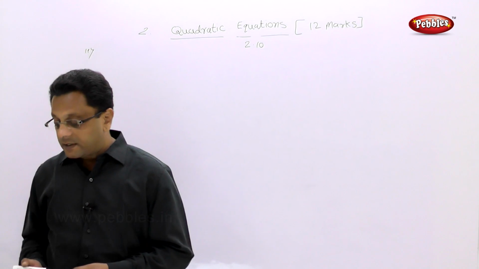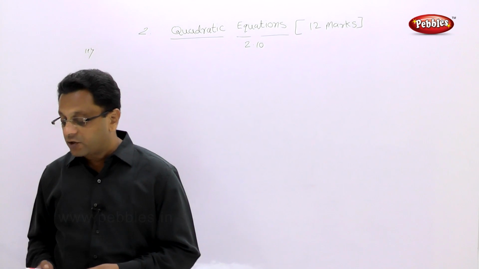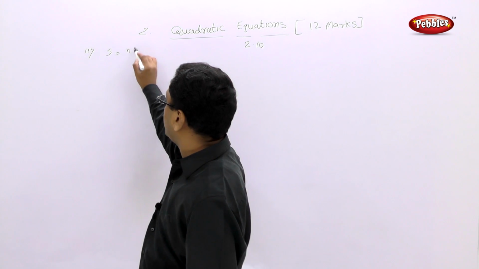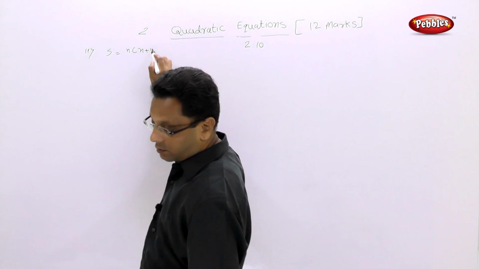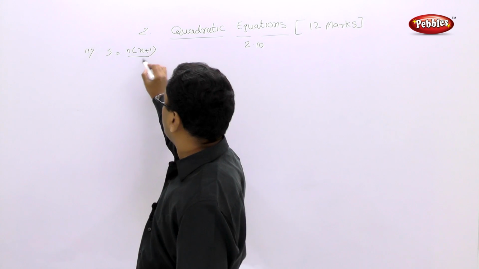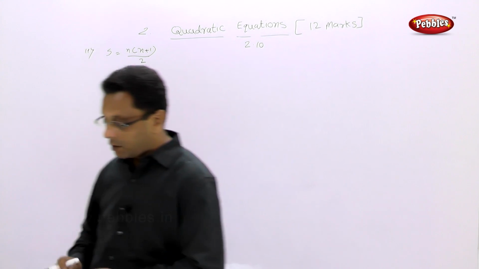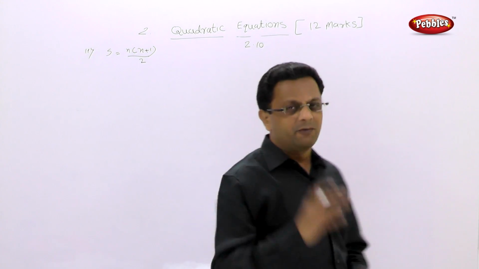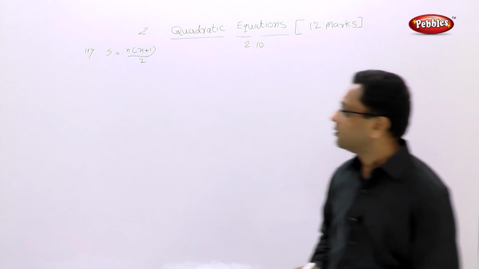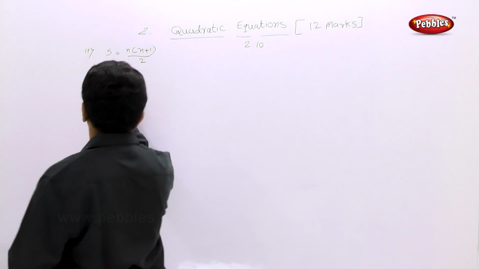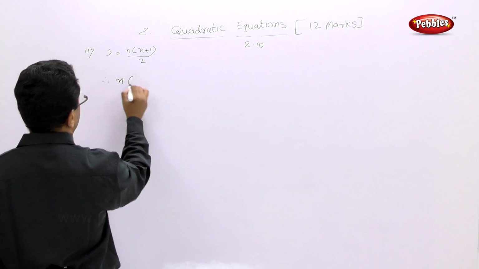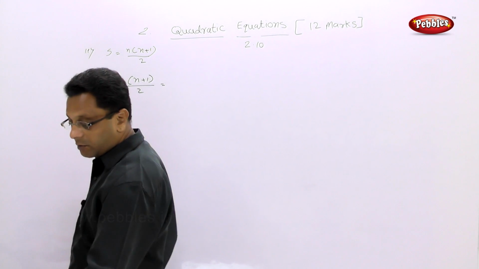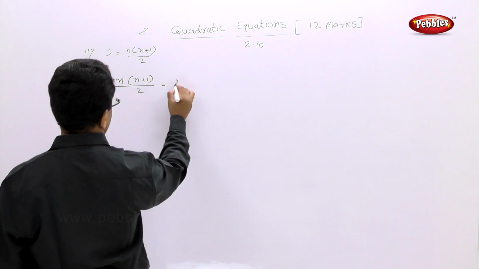The sum S of the first n natural numbers is given by S is equal to n into n plus 1 divided by 2. Find n if the sum is 276. I think we have solved an example like this. So we have n into n plus 1 divided by 2, the sum, is 276.